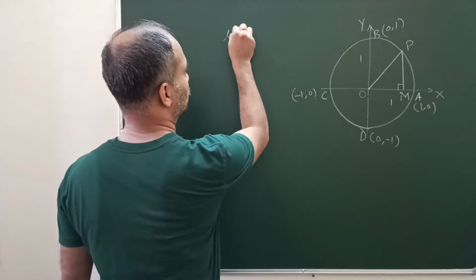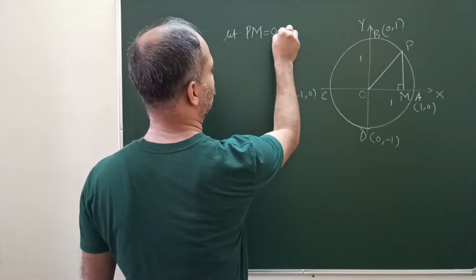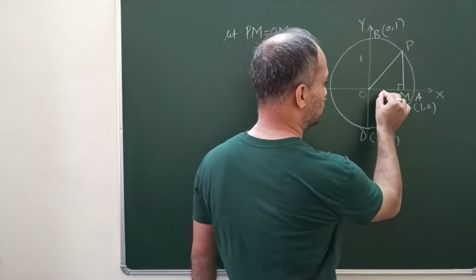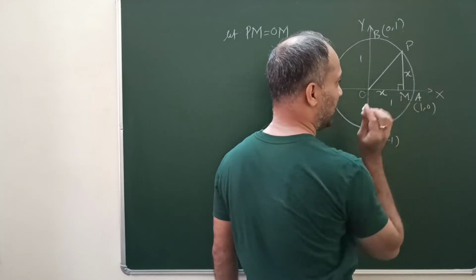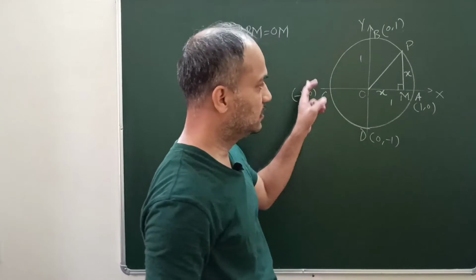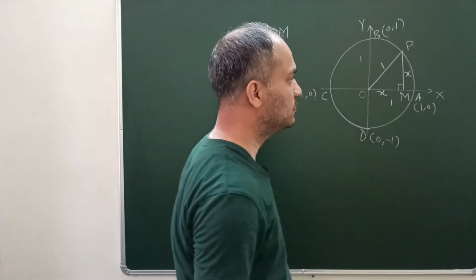So we assume that PM is equal to OM, it means these two values are equal. Let us say they are x, and this is the radius of the unit circle, so obviously this value is 1. So OP is always 1.